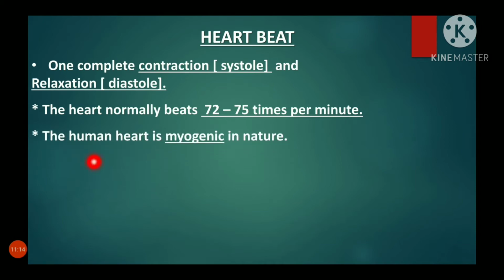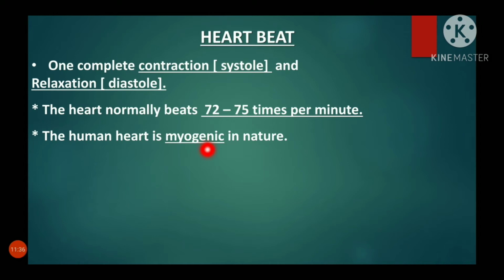The human heart is myogenic in nature. Myogenic heartbeat is initiated by a specialized group of heart muscles. We have studied that the heart is made up of cardiac muscles.